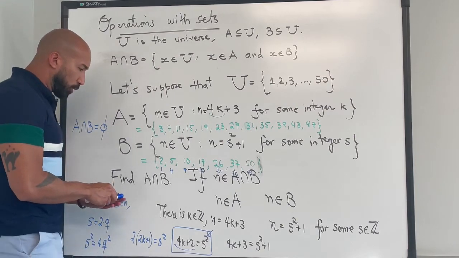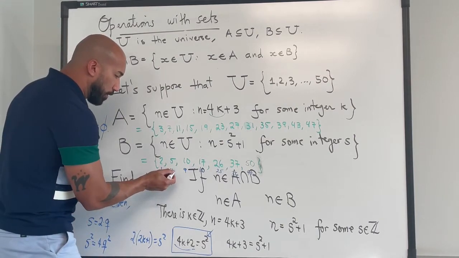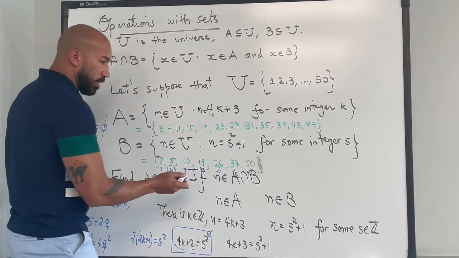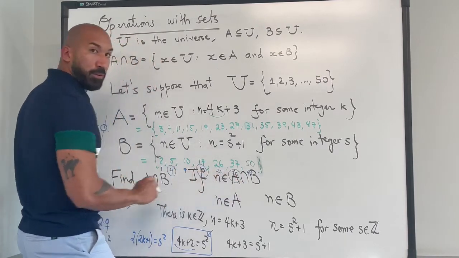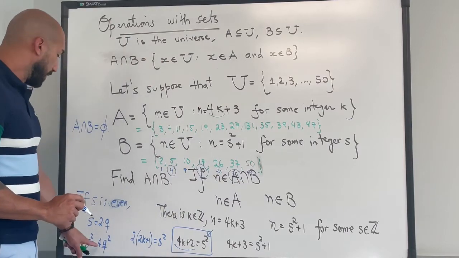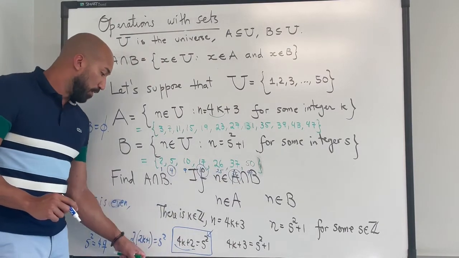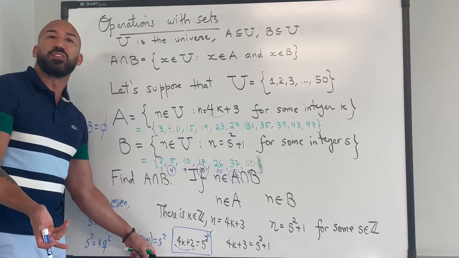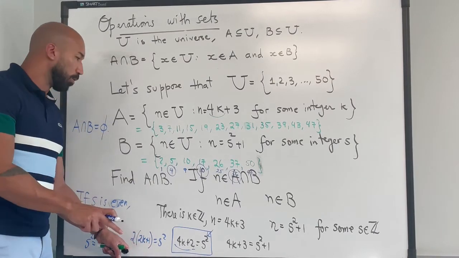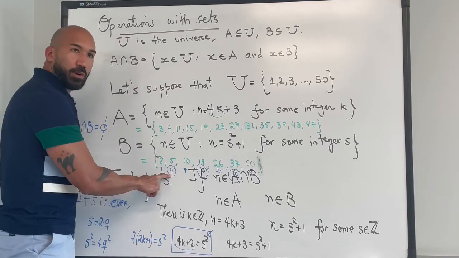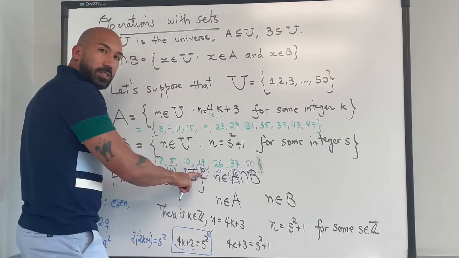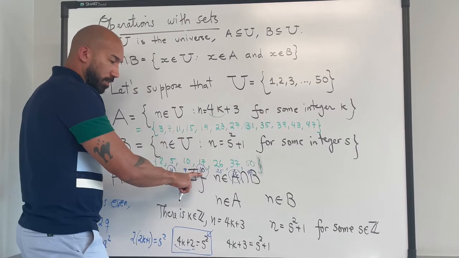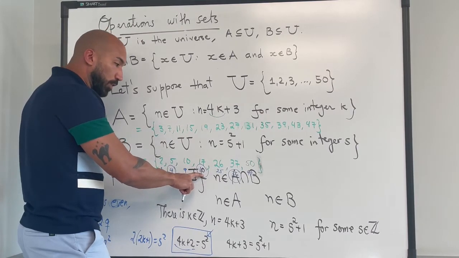If you look at the perfect squares, which are the even perfect squares? 4, 16, 36. These are the even perfect squares, yes or no? And we said here that if a perfect square is even, it's not only even, it's going to be divisible by 4. Well, 4 is divisible by 4, because 4 is 4 times 1. 16 is divisible by 4, because 16 is 4 times 4.